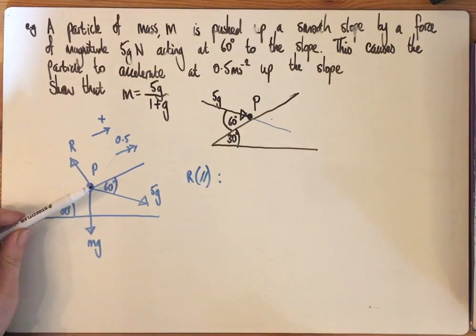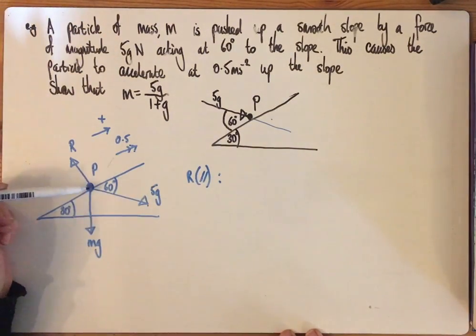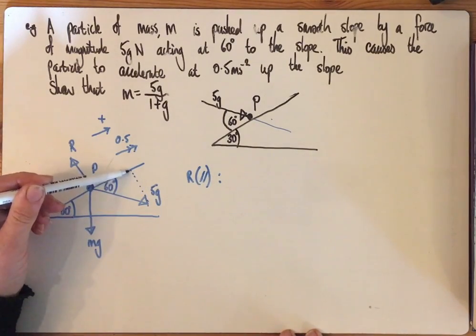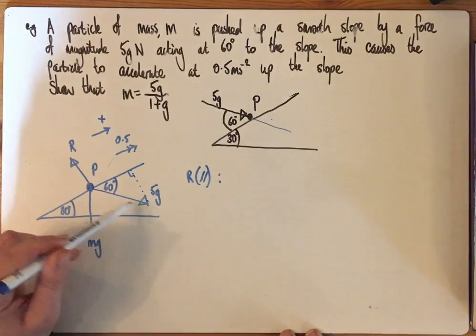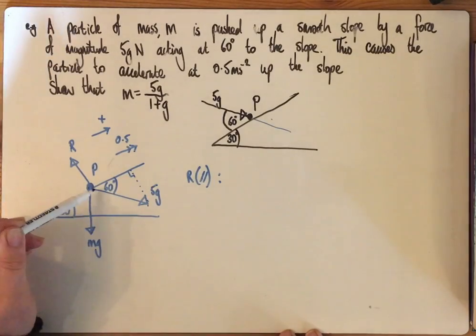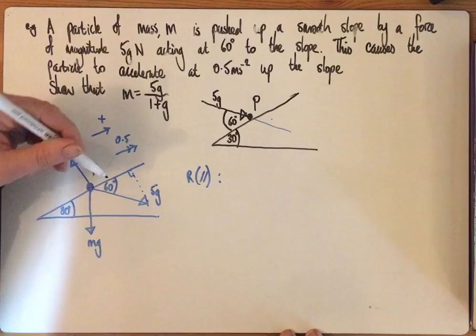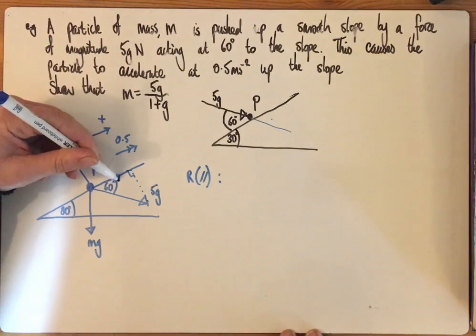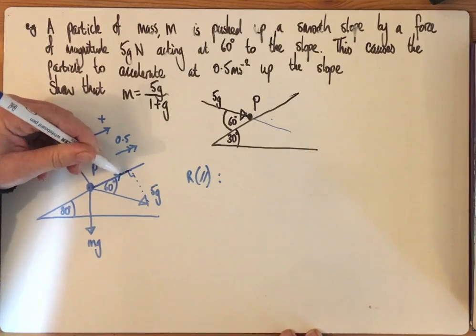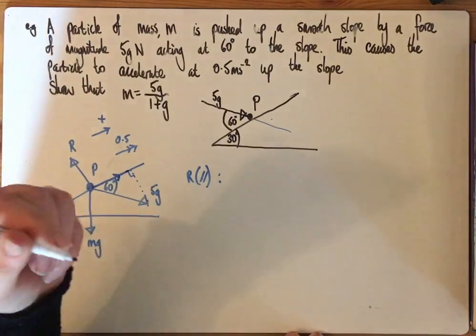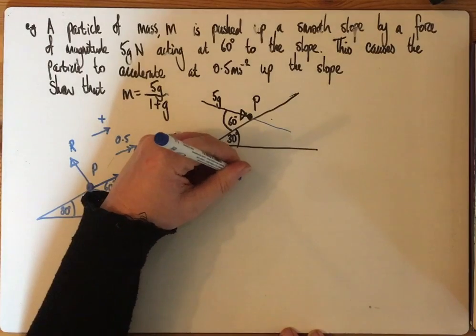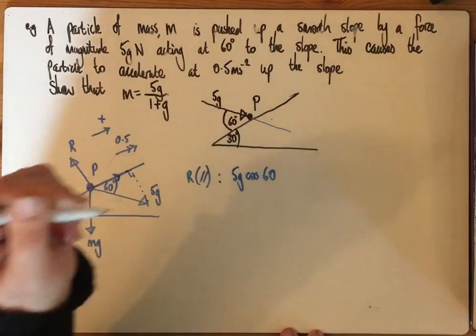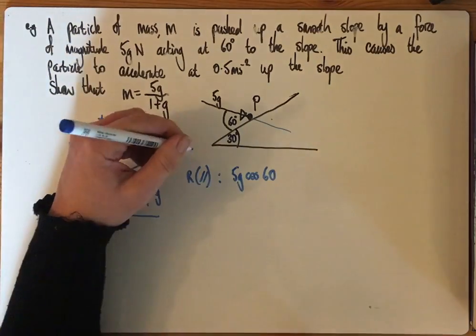So acting in this positive direction, parallel to the slope, I can make a right angle triangle here. 5g is on the hypotenuse, so 5g cos 60 will give me this bit here, the component of that force acting in the direction of motion. So I'm using basically F equals ma here.